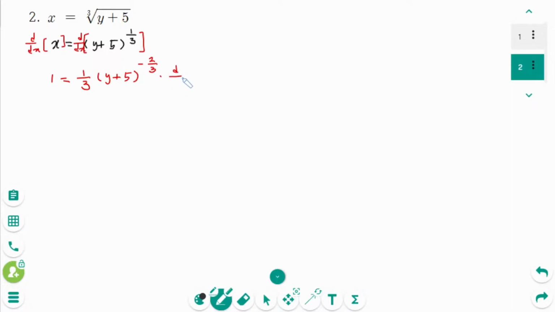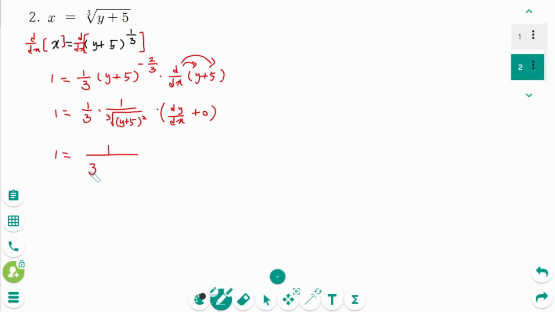Then using the chain rule, d/dx of y plus 5. 1 equals 1/3, back to the radical form, 1 over the cube root of (y plus 5) squared times, the first one is dy/dx, the second one equals 0. Then 1 equals 1/3 times the cube root of y plus 5, then squared, times dy/dx.